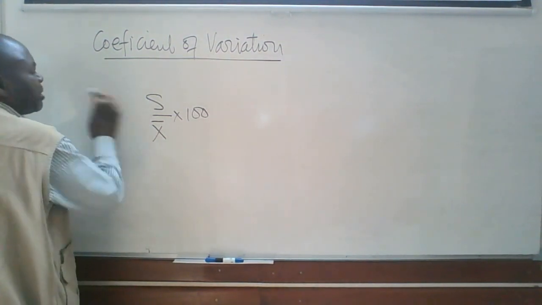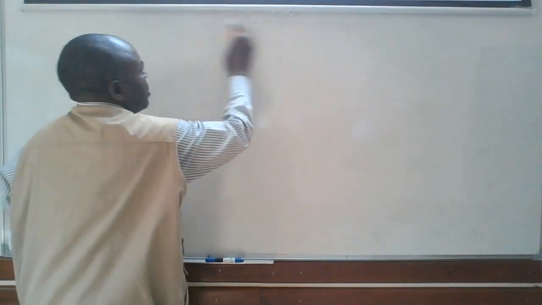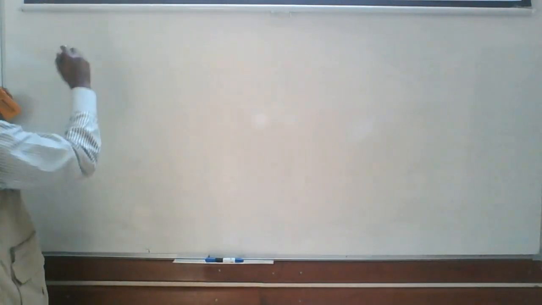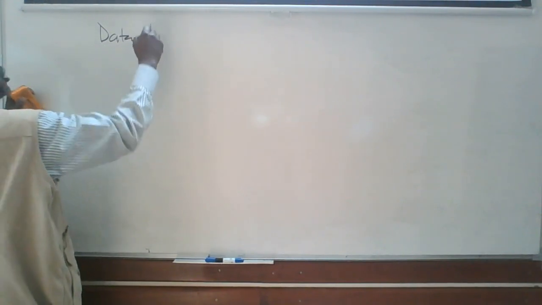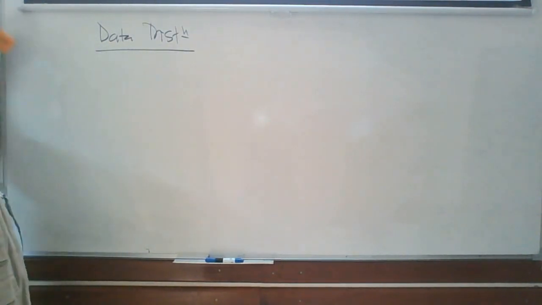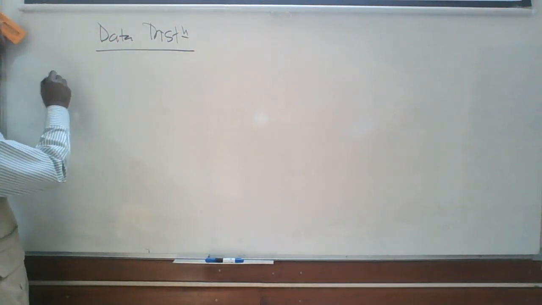The data, in terms of shape: data distribution, or probability distribution. The first thing I want to talk about is skewness.